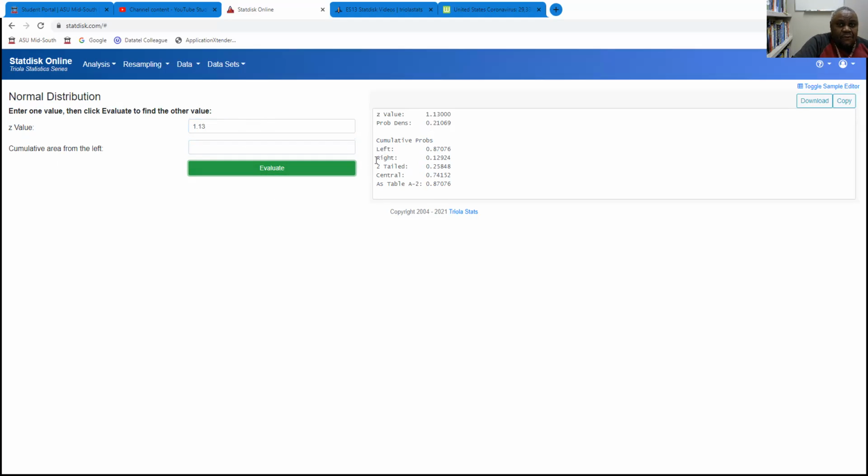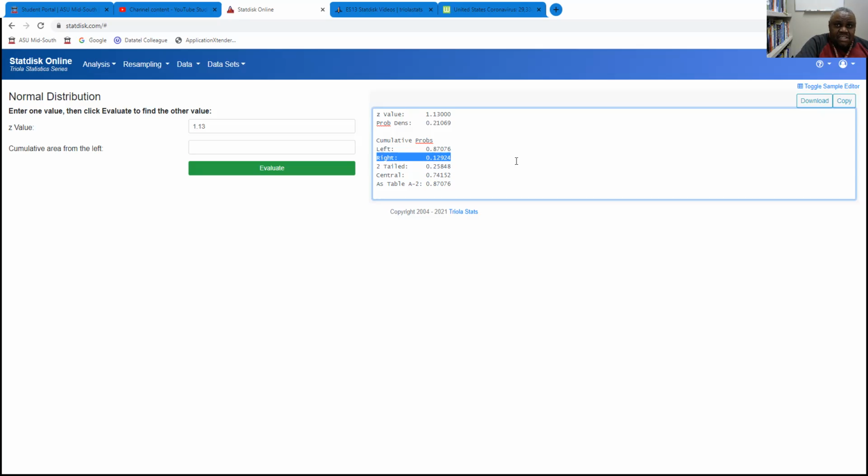Now, it does say greater than 117. Greater than means we need to look at the area on the right. That's this part that I'm highlighting right here, the area on the right, because it's greater than 117. So here, this will be 0.1292, rounded to 4 decimal places.